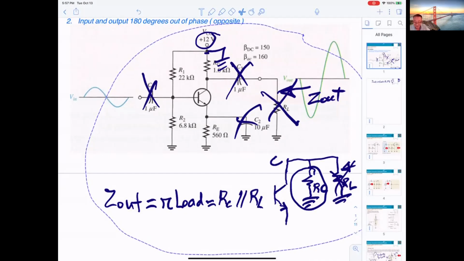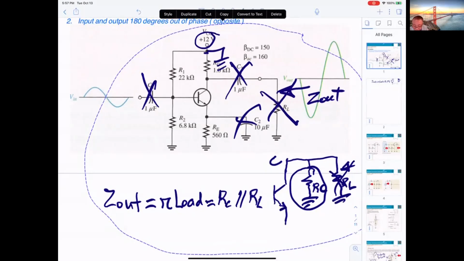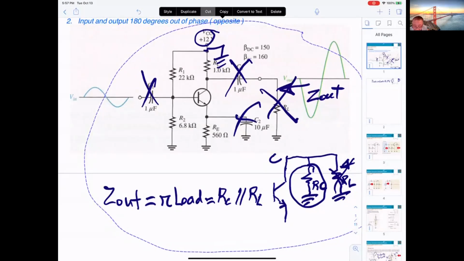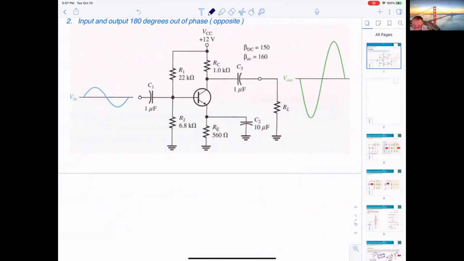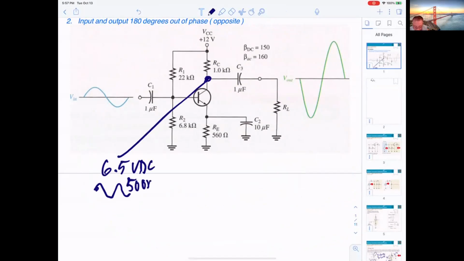For example, at the base right here, you get 6.5 volts DC, and also you get the sine wave, 500 millivolts peak to peak.